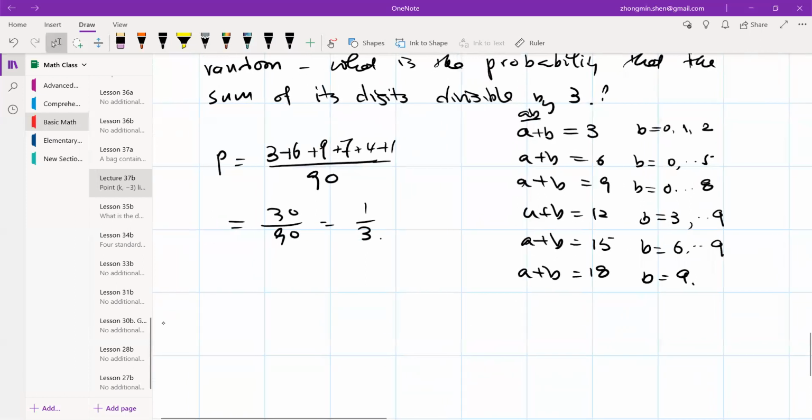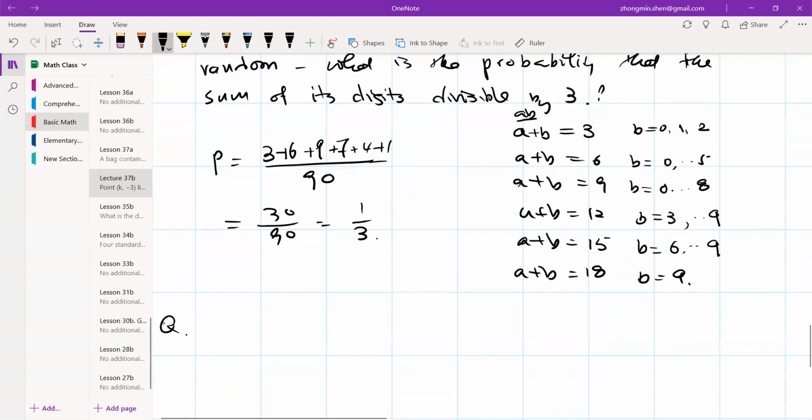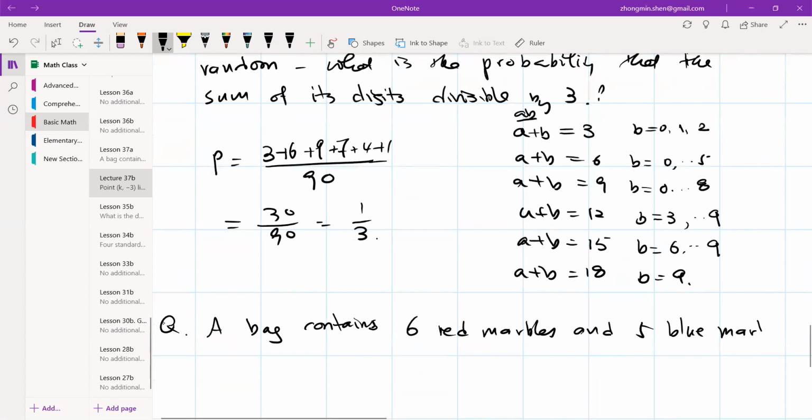All right, so my next question is, okay, a bag contains 6 red marbles and 5 blue marbles.